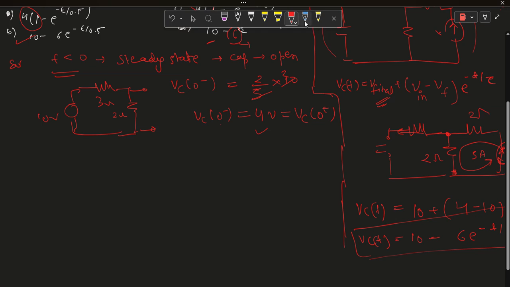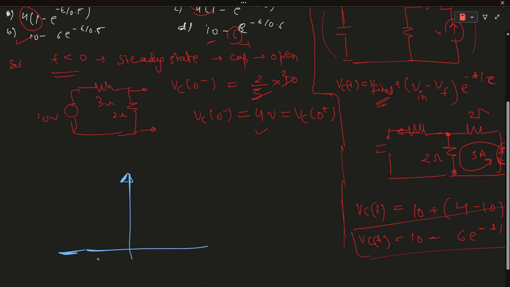We will draw the waveform, like if this is an interview question, you can solve it like this. This is a time axis, and for t less than 0, this is VC(t), the capacitor voltage, and this is the time axis 0. For t less than 0, the capacitor voltage is 4 volt, and it is a kind of step voltage.